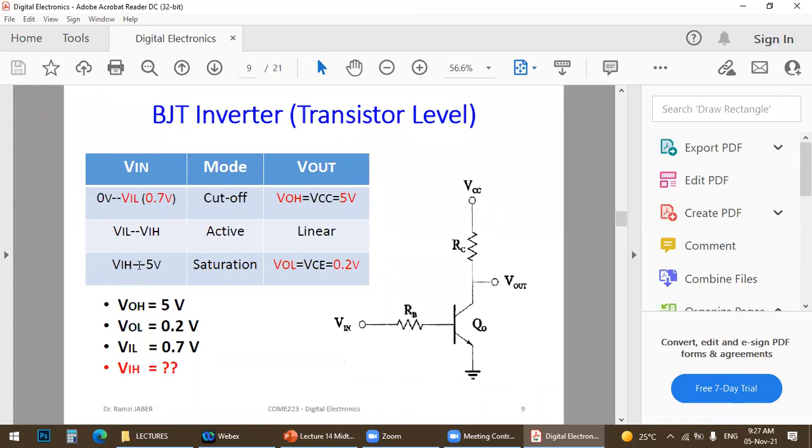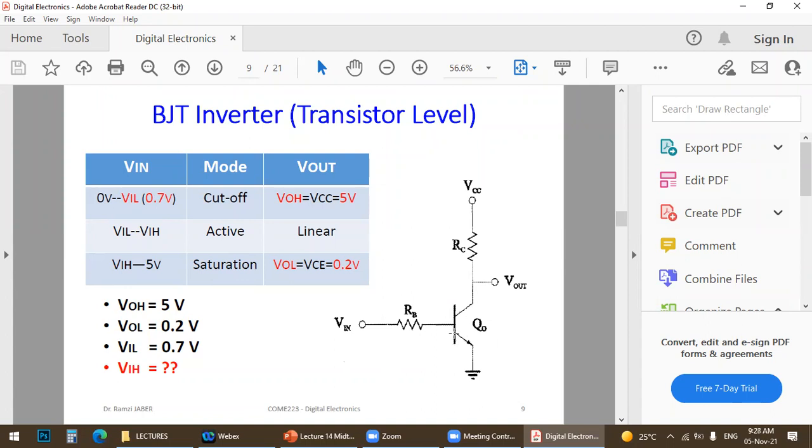So in high volt, the transistor will be in saturation mode, will be turned on, so the output will be connected to the ground, limited by VCE. Here we always have VCE equal 0.2 volt, so the output low will be equal 0.2 volt.